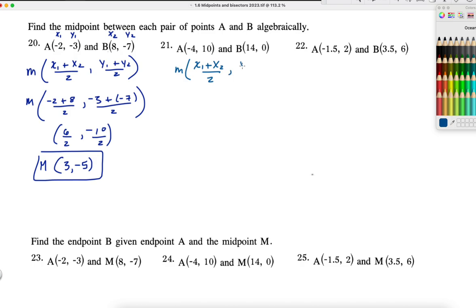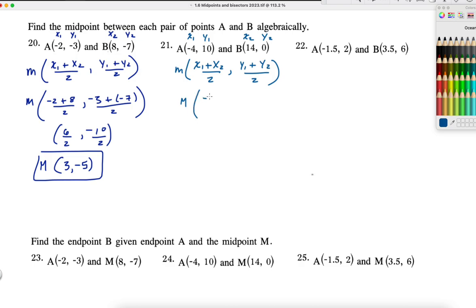I show all of my steps here so you guys understand the problem solving approach. And I think it's a good idea that you do the same, at least until you become pros at this.